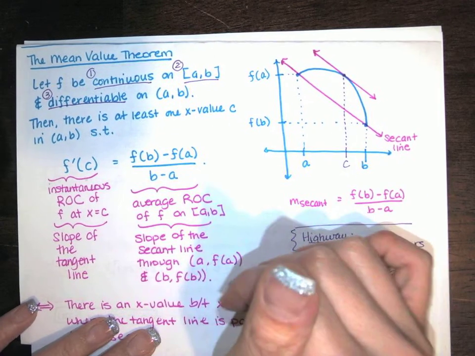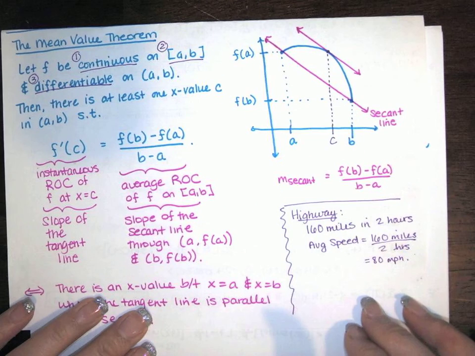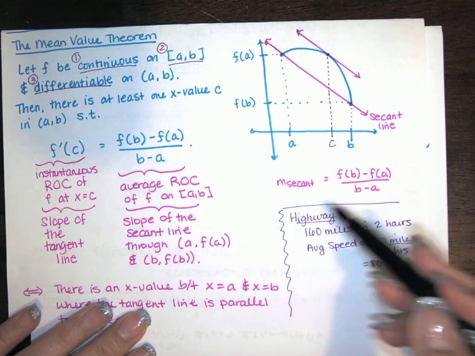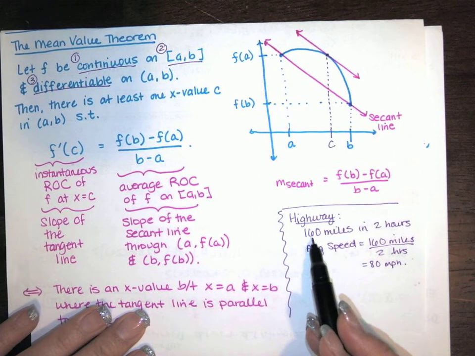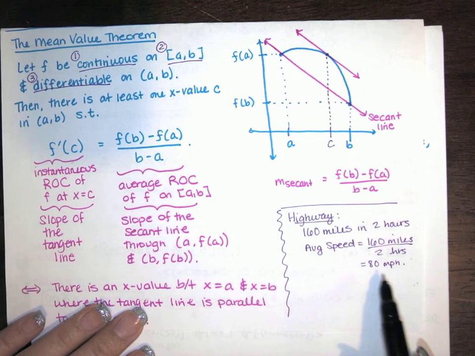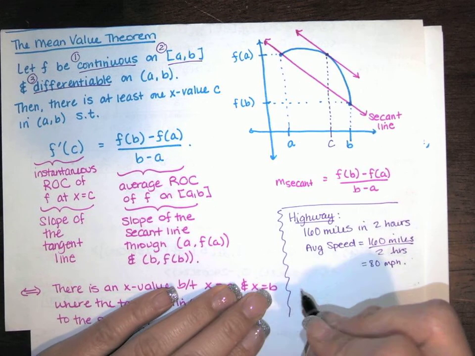I think the easiest way to remember this and think about this is in terms of this highway speeding example. If you went 160 miles in 2 hours, your average speed was 80 miles per hour.